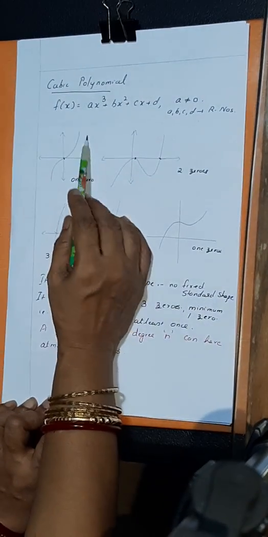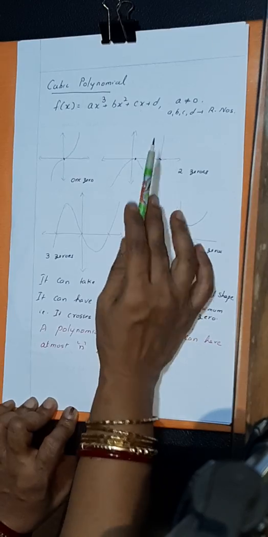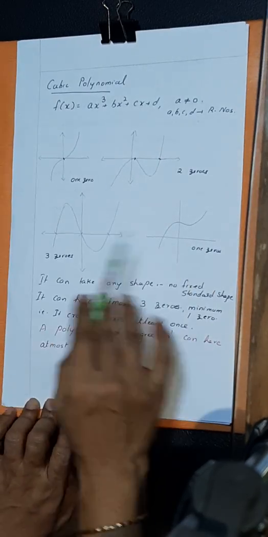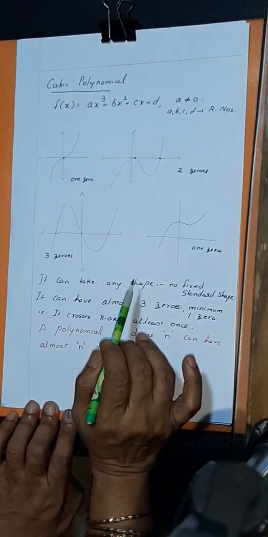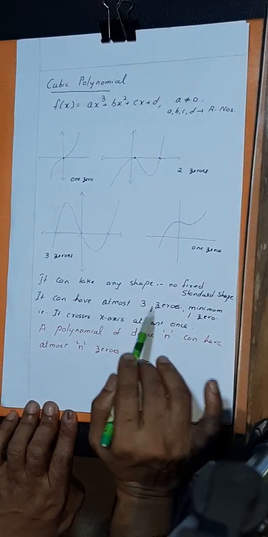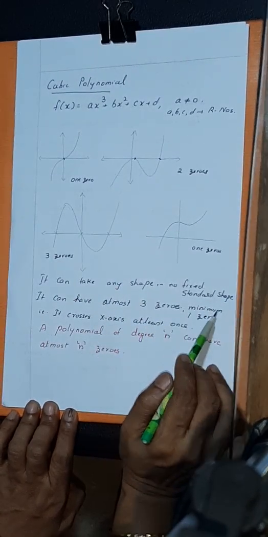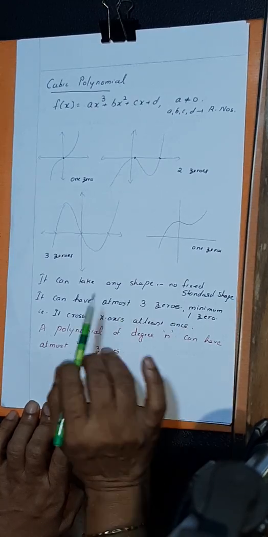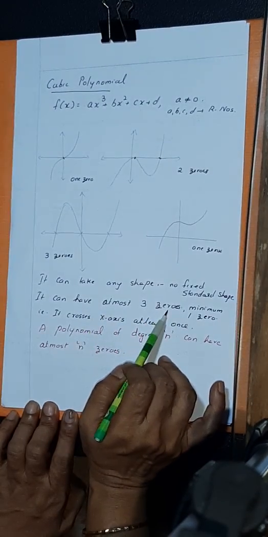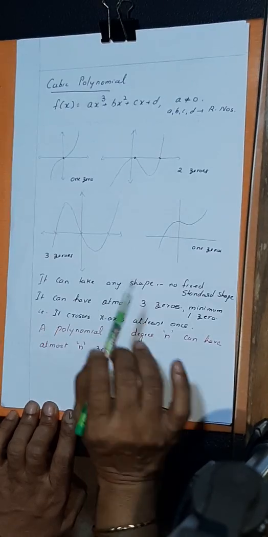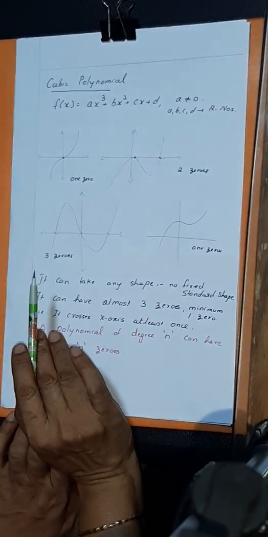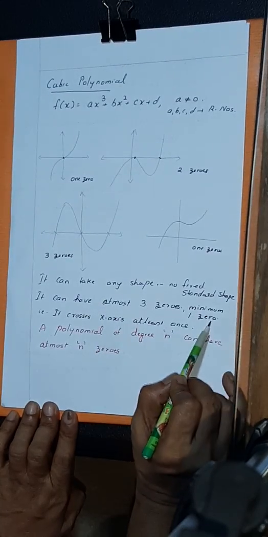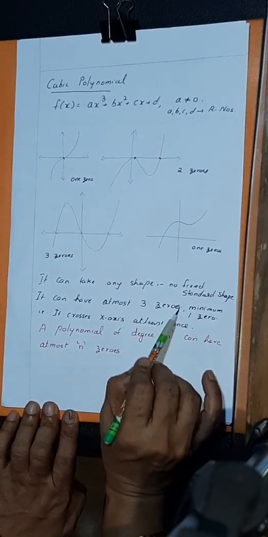See, in each figure it has a different shape. Now coming to zeros, it can have at most 3 zeros and a minimum of 1 zero. So it can have either 1, 2 or 3 zeros. The minimum is 1 zero and the maximum is 3 zeros.